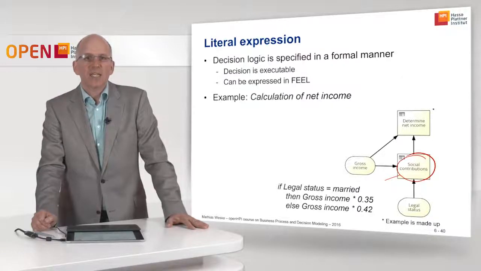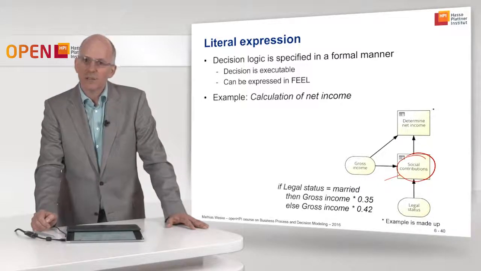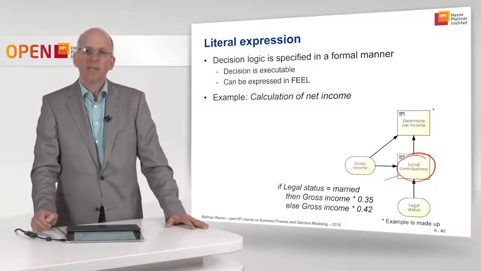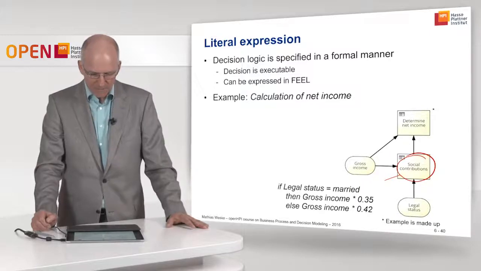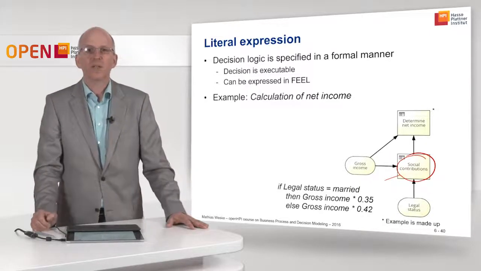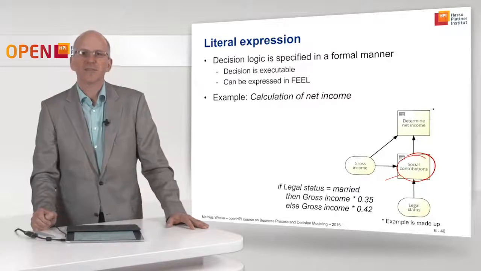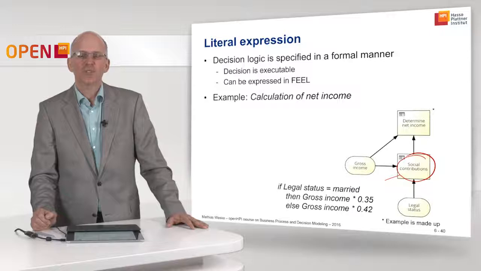And we see here a FEEL expression that tells us if the legal status equals married, then return gross income times 3.5, else return gross income times 4.2. So when you are married, you pay 35%. When you are unmarried, or when you're not married, you pay 42% social contribution. That's encoded here in this decision.